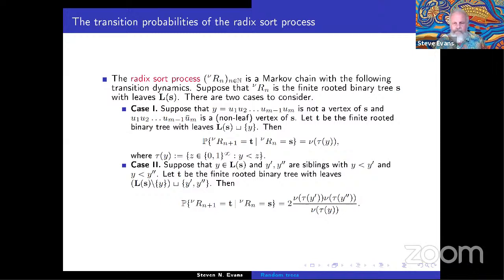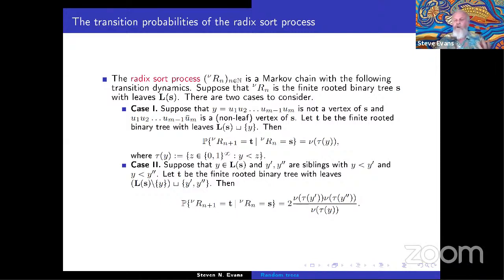One is where y is not a vertex of S, and its sibling is a non-leaf vertex of S. And then you want to transition to the finite rooted tree whose leaves are the leaves of S with y adjoined.